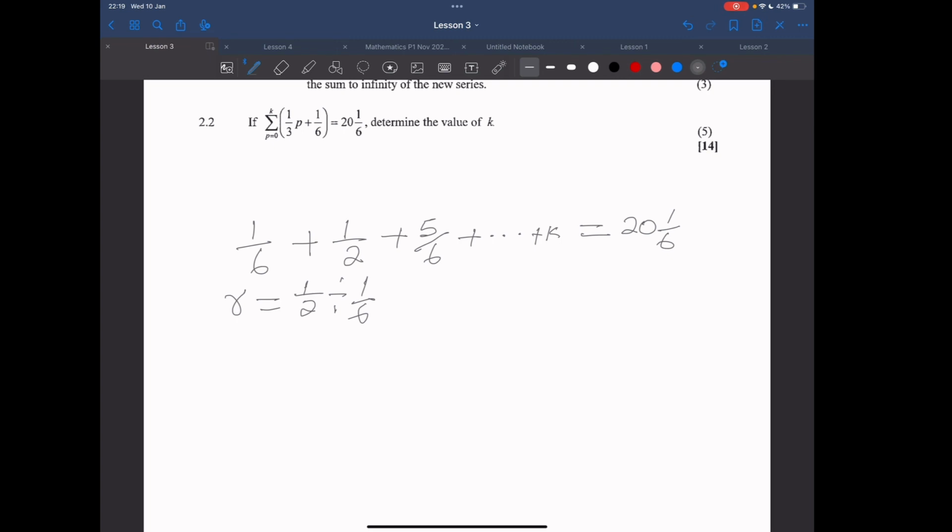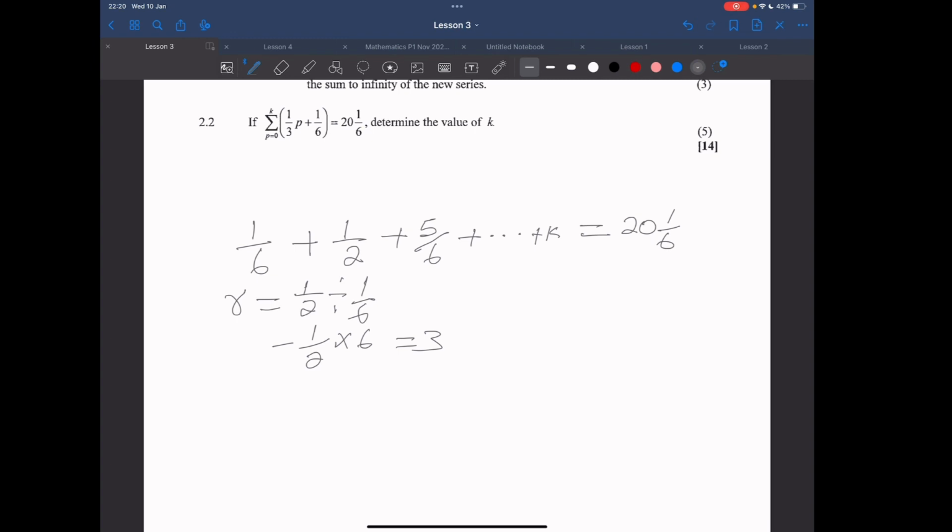1 divided by 2, and then we divide it by 1 over 6. You can see 1 over 2 divided by 1 over 6 is the same as multiplying by 6, so this gives us 3.